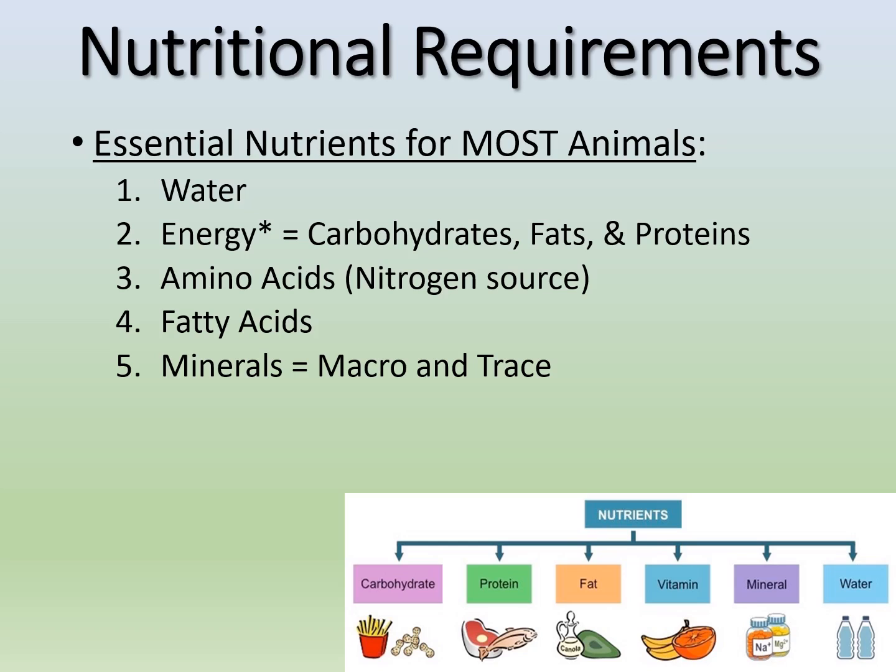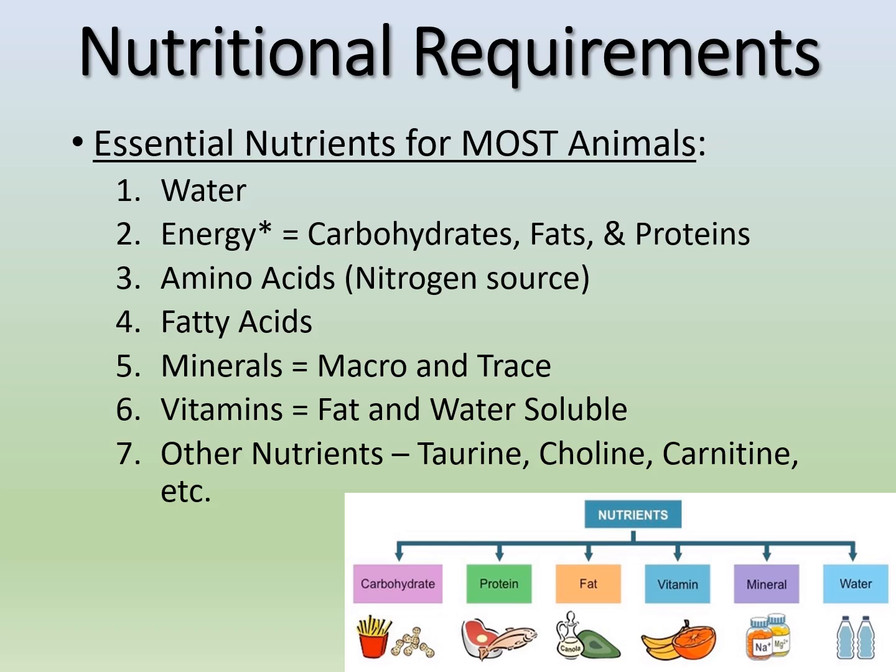We'll have a whole lecture on minerals and also vitamins. There are vitamins that are essential, and they can either be fat or water soluble. What do they dissolve in? If they dissolve in fat, they're fat soluble. If they dissolve in water, they're water soluble.